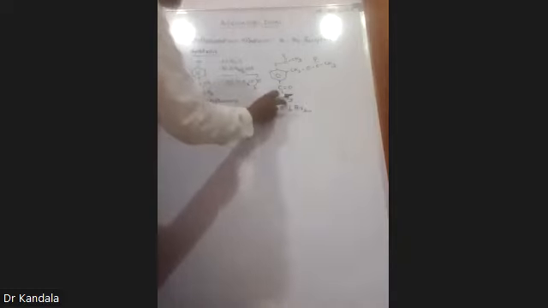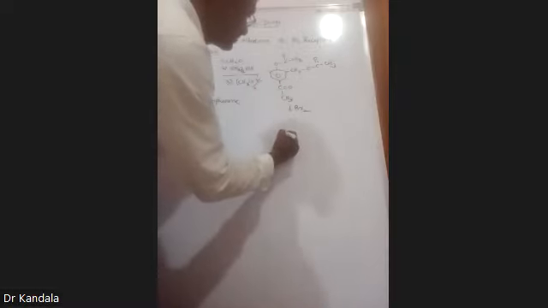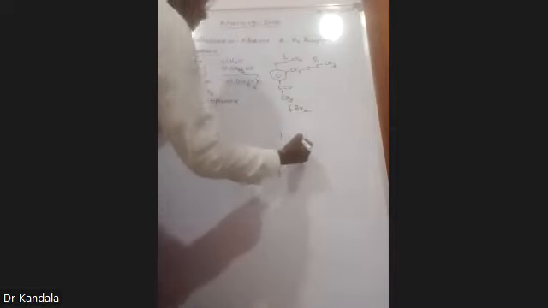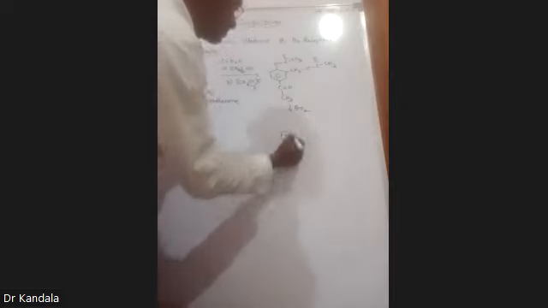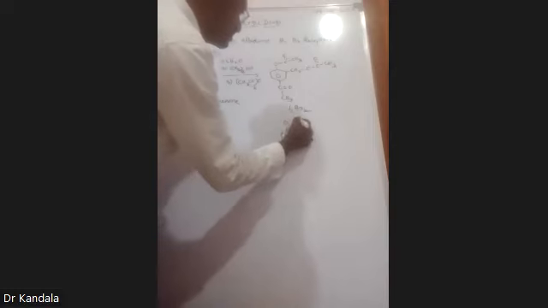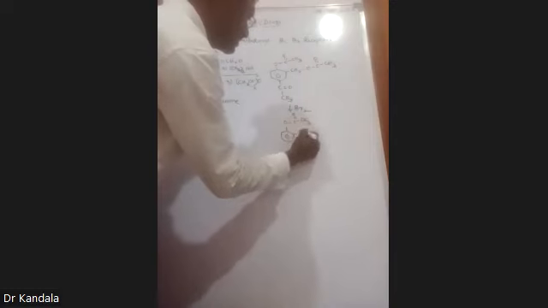Only one of the hydrogens of the methyl is replaced by bromine, and the resultant intermediate is this: you see the COCH3 acetyl group, and here CH2OCOCH3, one more acetyl group, on the benzene ring.